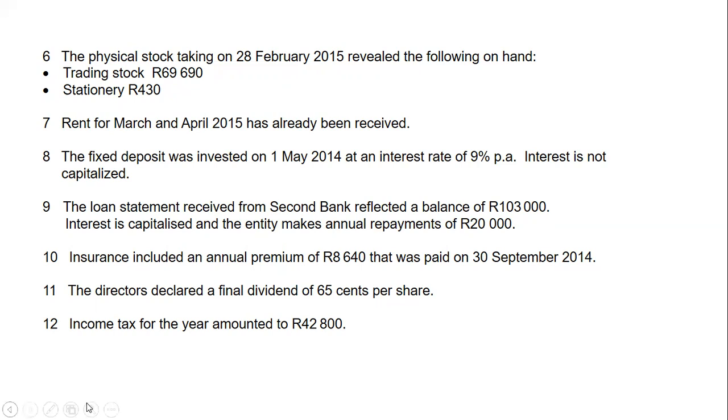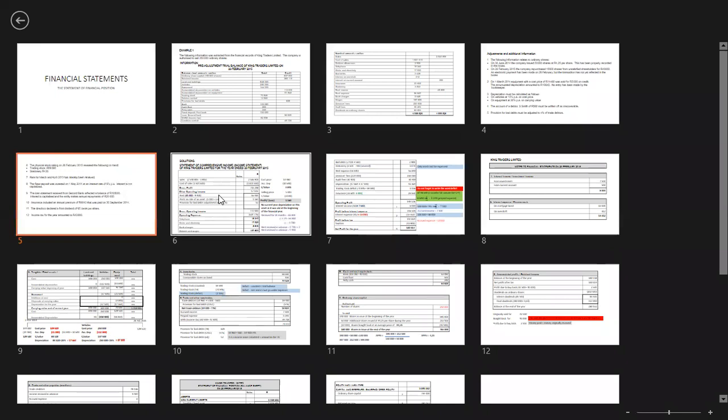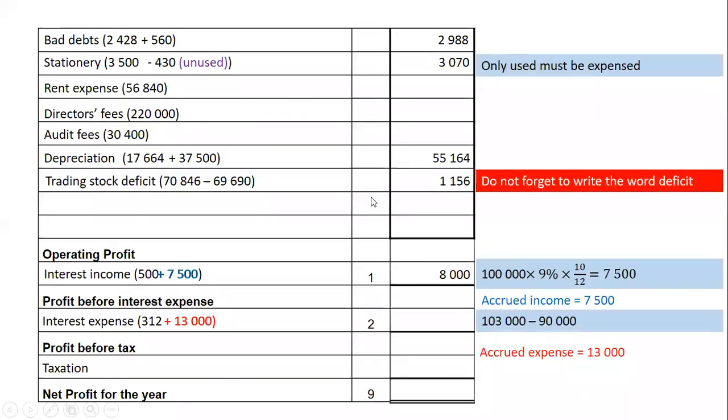So of this 8,640, some of it does not fall within the current financial year. And you only focus on the insurance amount that doesn't fall within the current financial year. So note that it was 8,640, it was paid on the 30th of September. So it'll cover us for October, November, December, January, February, which is 5 months. That is correct.